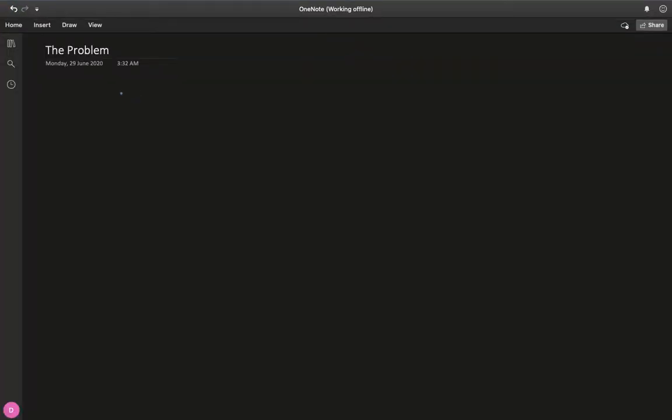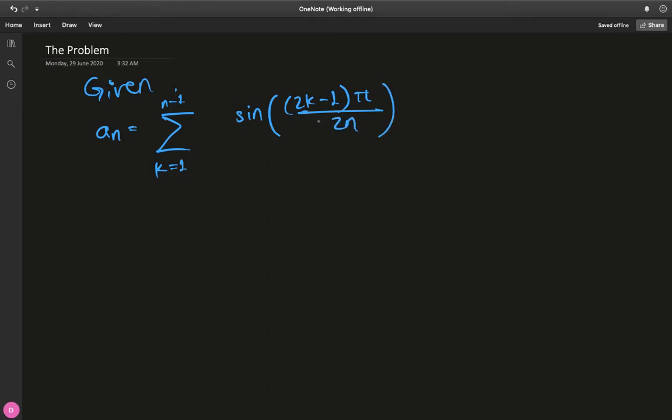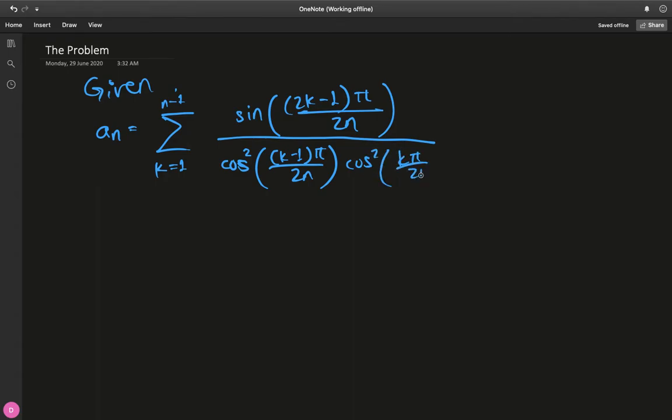Okay, so the problem before us is as follows. We are given that a sub n is equal to the sum from k equals 1 to n minus 1 of sine of (2k minus 1) pi divided by 2n, and all of that is divided by cosine squared of (k minus 1) pi over 2n times cosine squared of k pi over 2n.